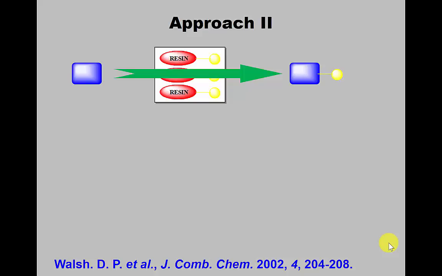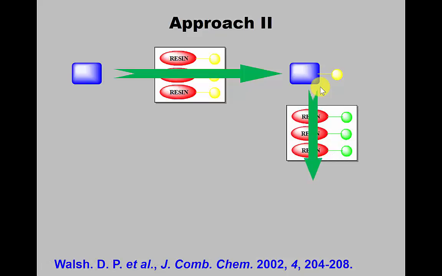In this case, how many steps of reactions? There is no loading or cleavage. So the core structure was in solution, and then the product is also in solution. The reaction was done only one time, and we could collect the product directly. Only one step of reaction. We removed those 2 extra steps.